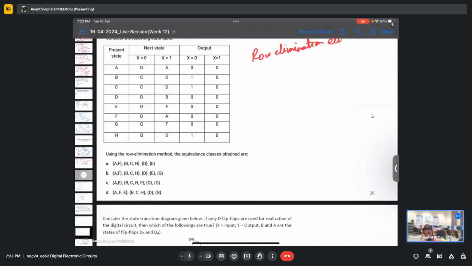Please ask if you have any doubts from the sequential part. Is there any doubts?